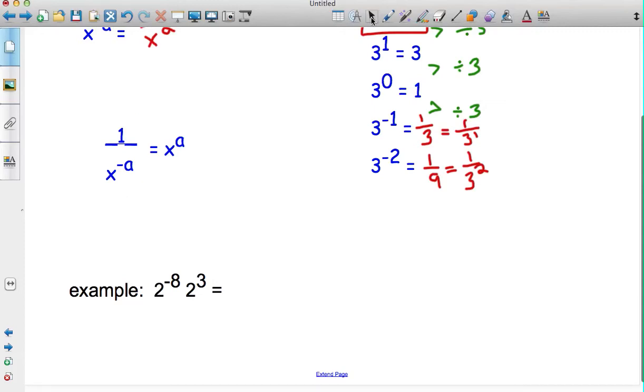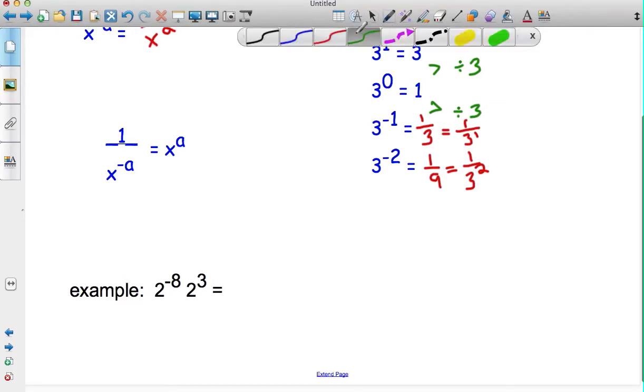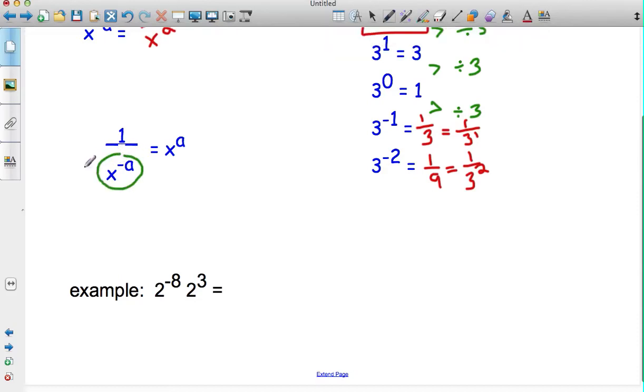The reason for this, briefly, is we just talked about this one being equal to 1 over x to the a, but we still have this fraction, all of that underneath 1 whole. When you have 1 over a fraction like this, it ends up just bringing this up to the top, which is the same as x to the a.